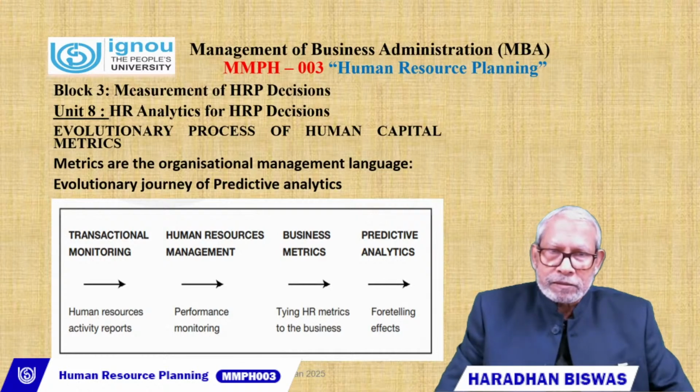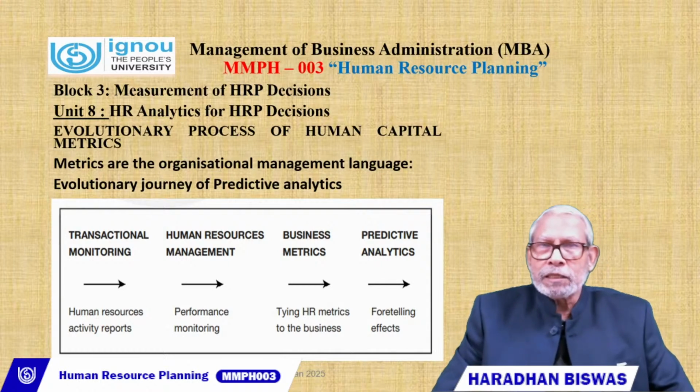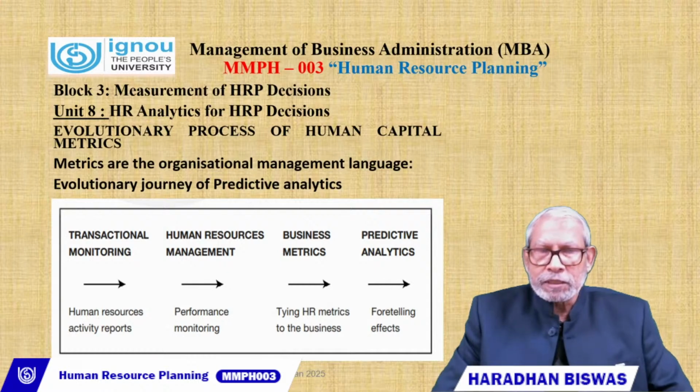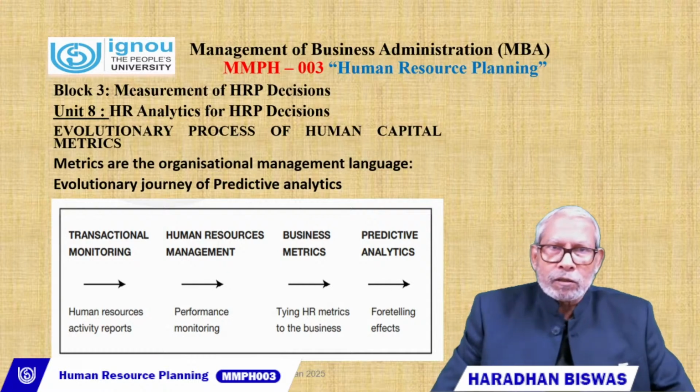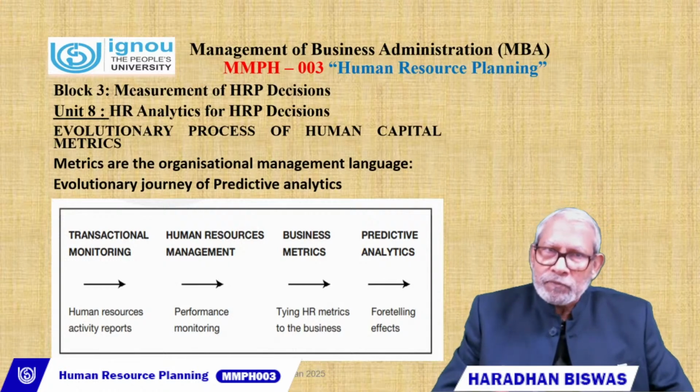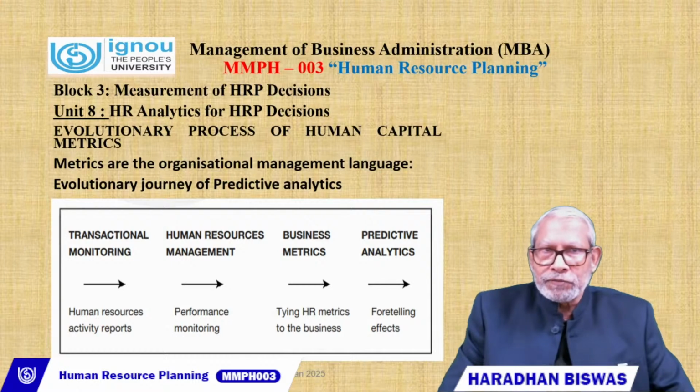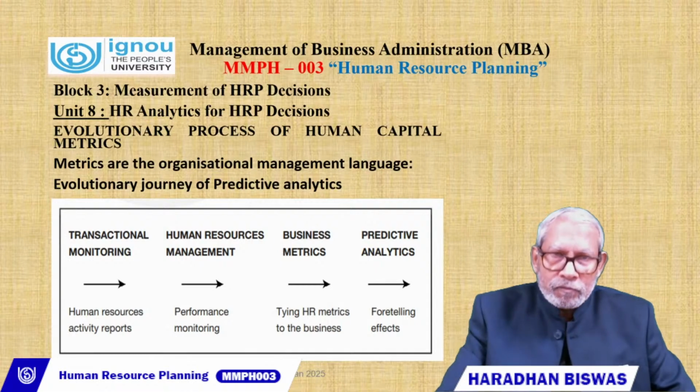Then business metrics, trying to tie the HR metrics to the business. Then predictive analysis, telling which efforts and things are required, and not justified, or you have to justify them. Accordingly, you have to predict for the future. So that is predictive analytics.